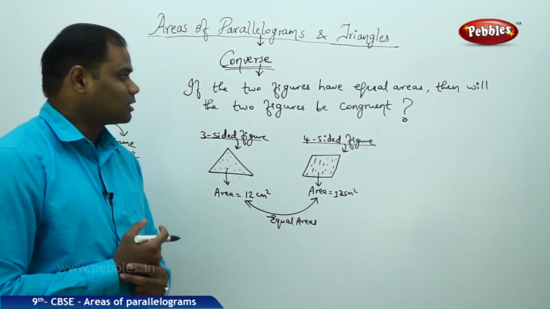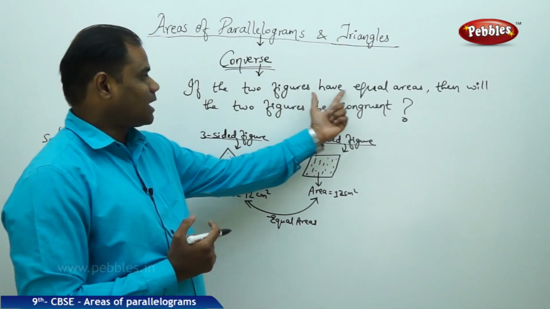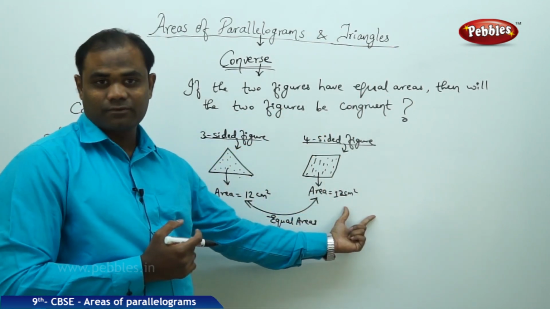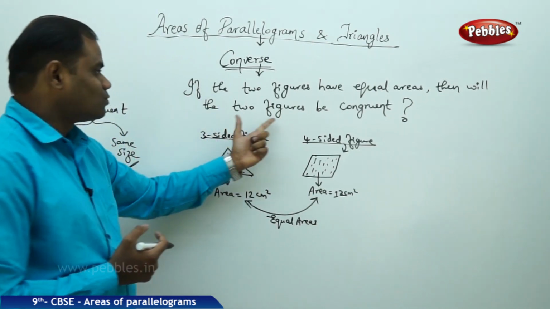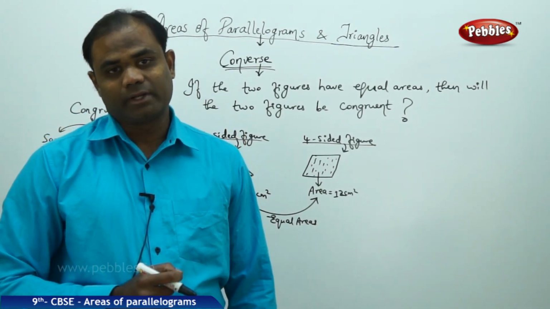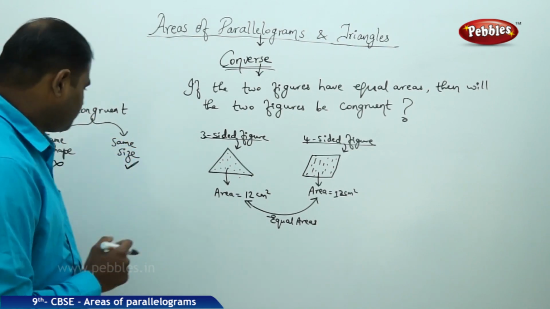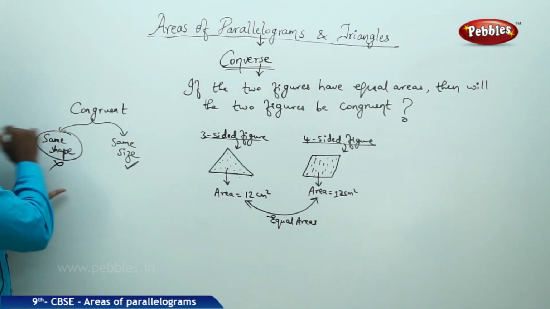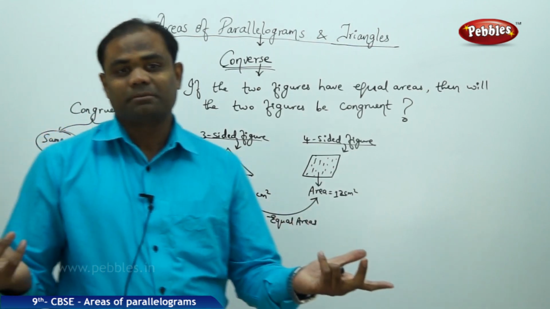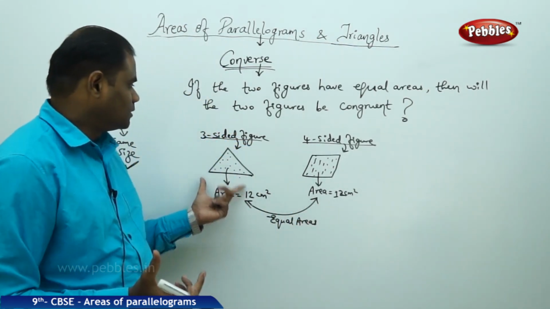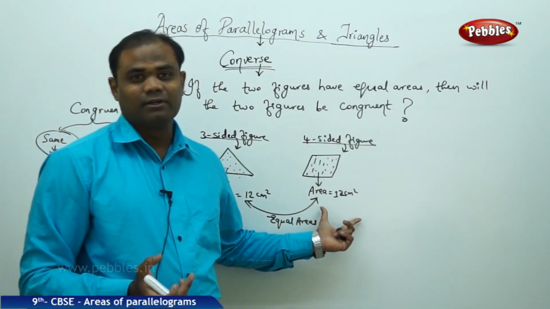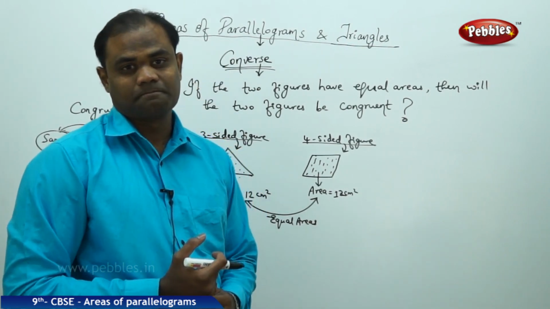Therefore, I come to the conclusion that if the two figures have equal areas, as in the case of triangle and parallelogram, then the two figures may not be congruent. Not always. They are congruent if they satisfy the condition that the two figures have the same shape. Failing with the condition here, three-sided and four-sided figures can never be of the same shape.